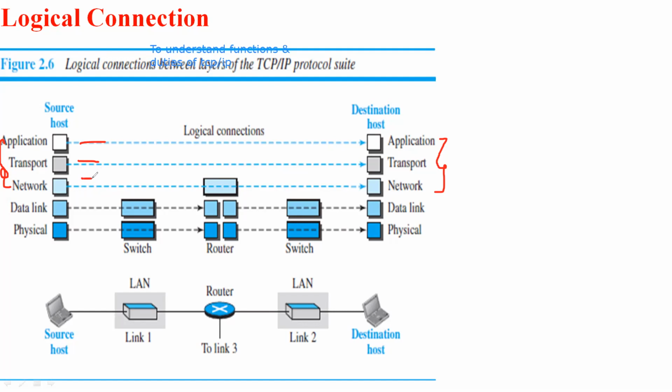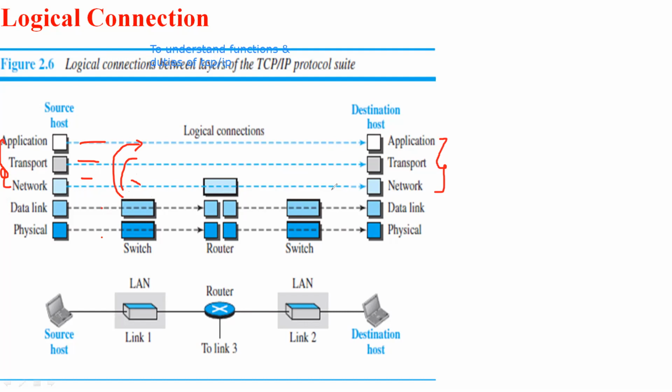This network layer will also not be changed by any router or any link layer switch, because the switch is not connected with the network layer, the transport layer, or the application layer. The switch is involved only with the data link and physical layer.